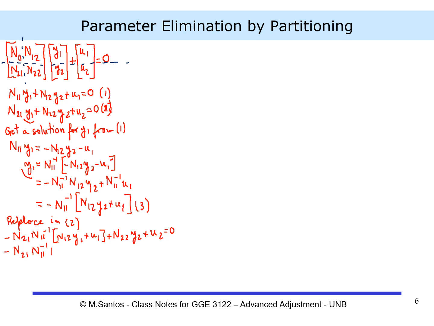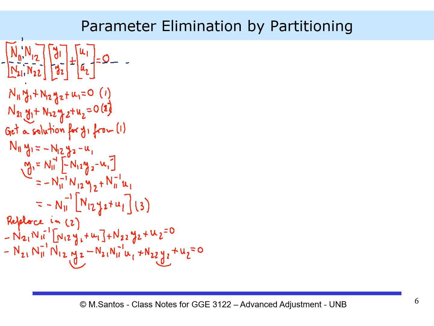And when we multiply by N12 Y2, minus N21 N11 inverse U1, plus N22 Y2 plus U2 equals to 0. So we have Y2 here, Y2 here.